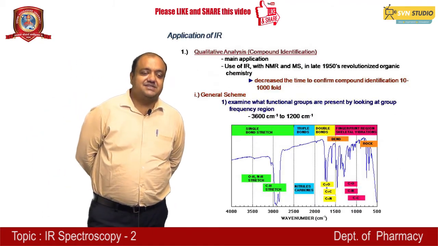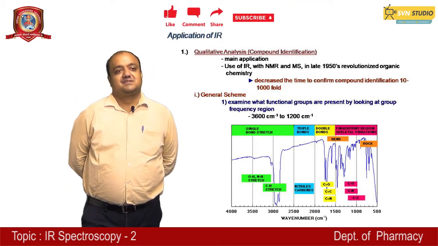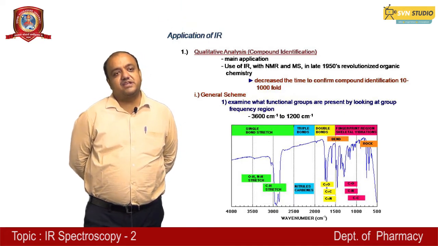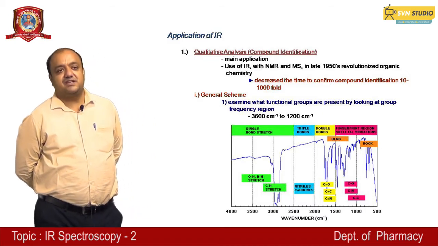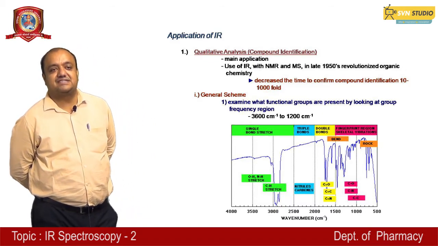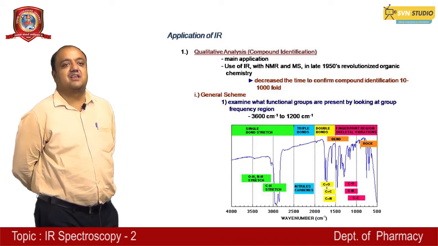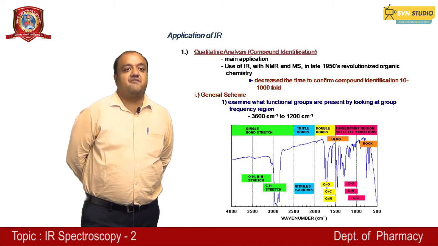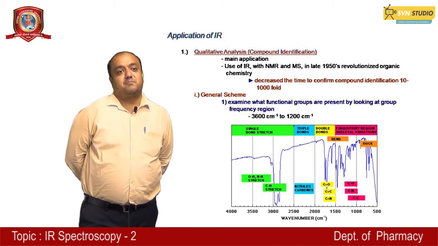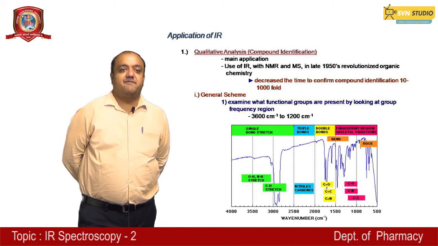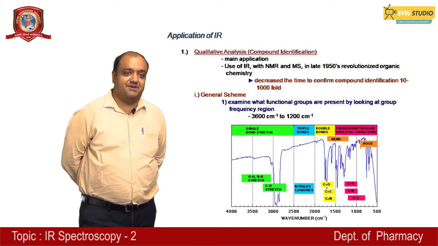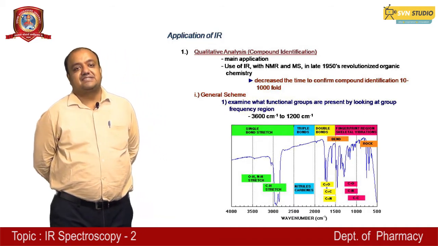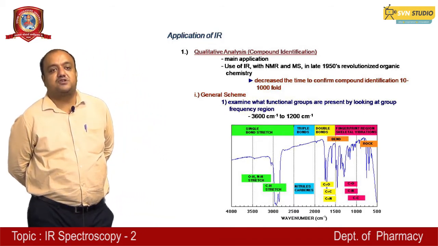Now the applications of IR. The main applications are qualitative analysis and quantitative analysis. In qualitative analysis, compound identification is a must, like functional group analysis. The use of IR with NMR and mass spectrometry in the late 1950s revolutionized organic chemistry and decreased the time to confirm compound identification 10 to 1000 fold.